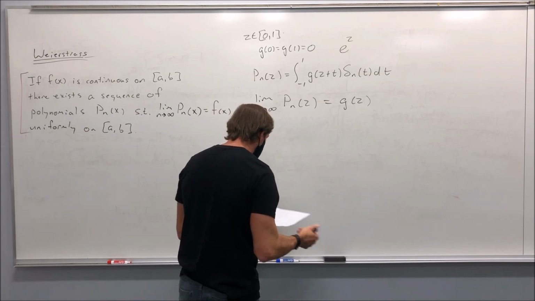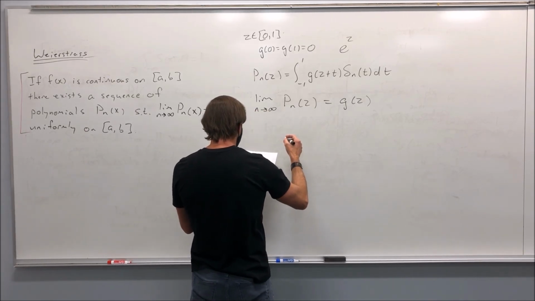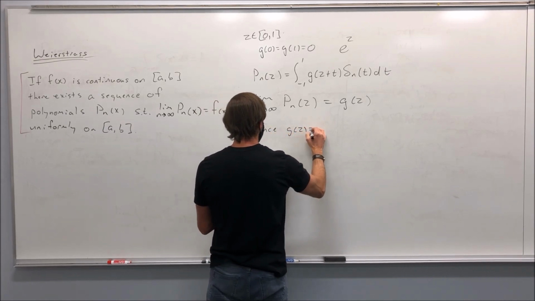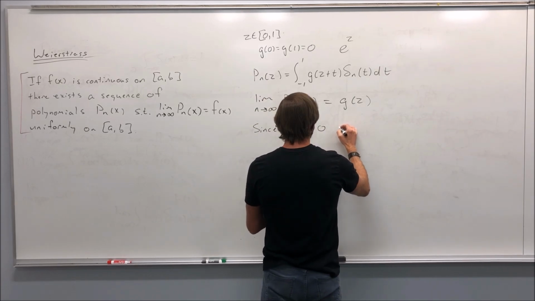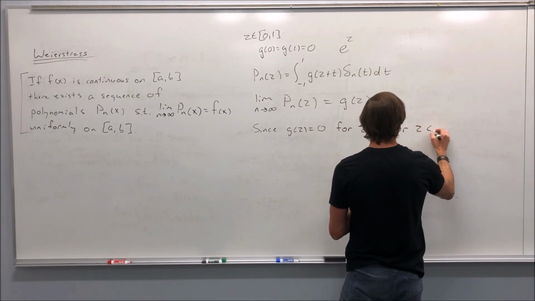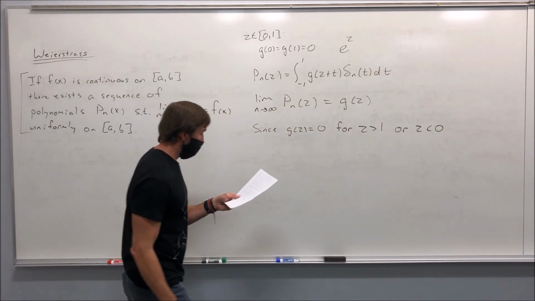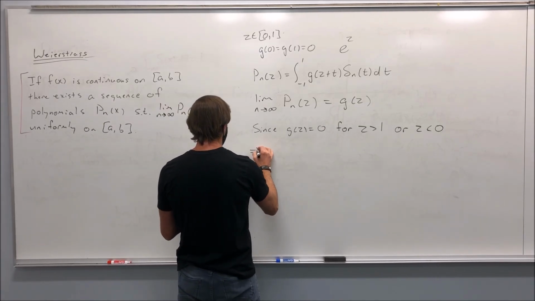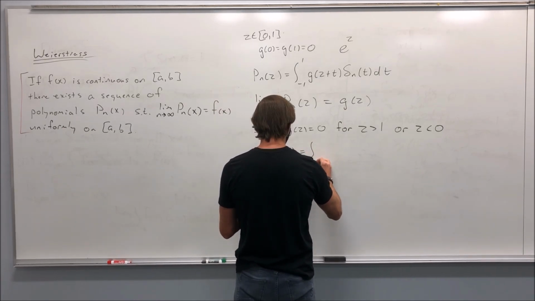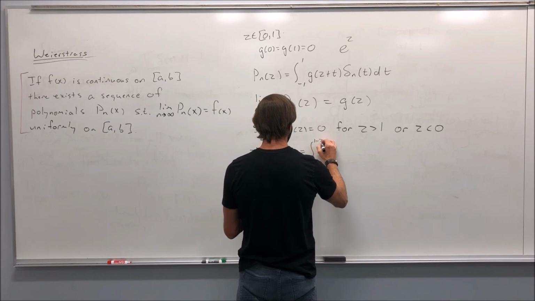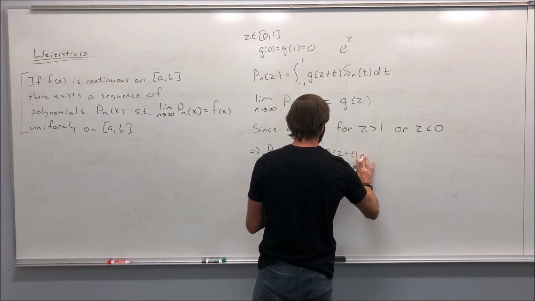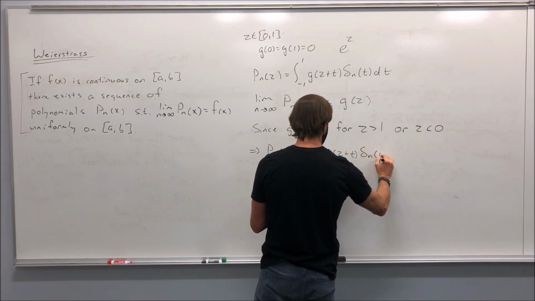Well, we can make the following argument. Since g of z is 0 for z greater than 1 or z less than 0, we can write that P_n of z is equal to the integral from minus z to 1 minus z of g of z plus t times the delta function sequence.